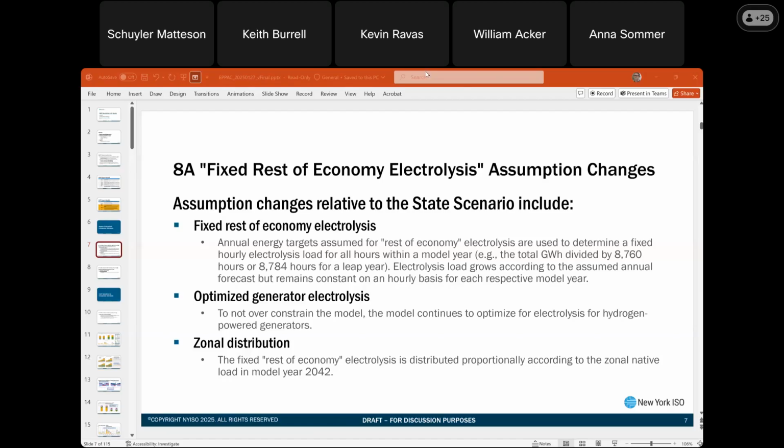Is there a limit, do they have to have a 50% or 80% or 90% utilization factor for the electrolysis equipment, or the number of hours you have it off? No, we didn't really constrain it in that way. There was no minimum utilization required. So we did not get into that level of constraint on it.